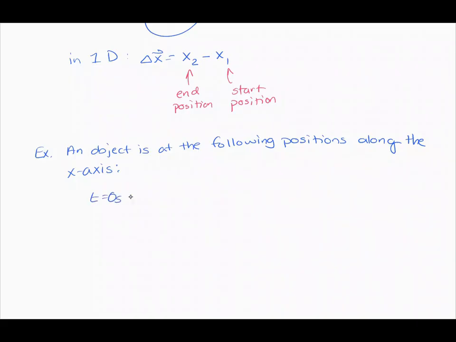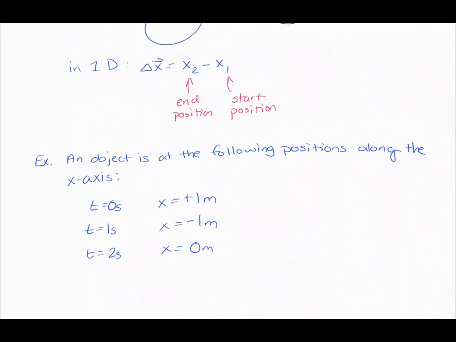At t equals 0 seconds, they are at a position of positive 1 meter. At t equals 1 second, they are at a position of negative 1 meter. And at t equals 2 seconds, we are at a position of 0 meters. So remember, you should be making your t's curly like my t's are curly. They should not have straight sticks when you're drawing t for time, because that's going to be a variable.